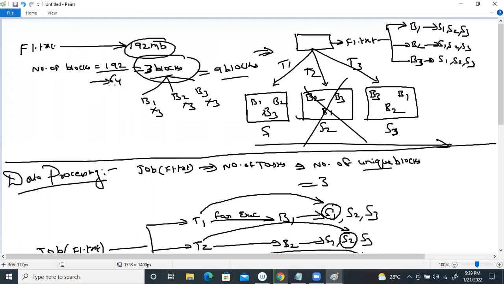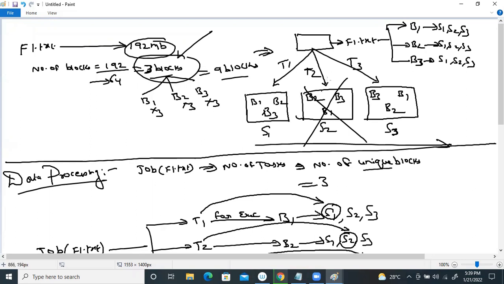Whether you use 64 or 128, or even your own block size like 100 or 75, whatever it is, how many blocks you got and how the blocks are distributed, that is important.